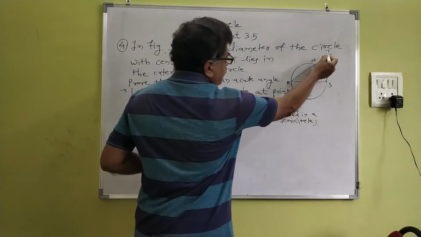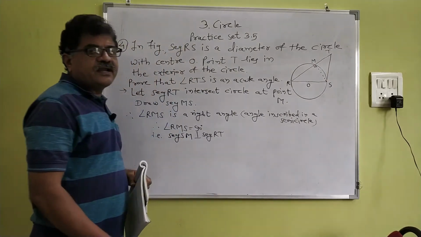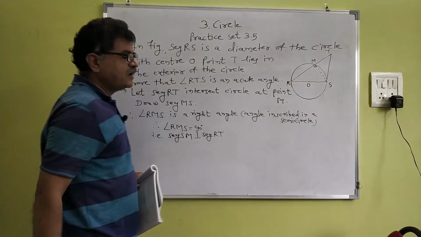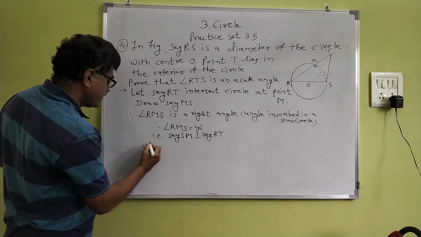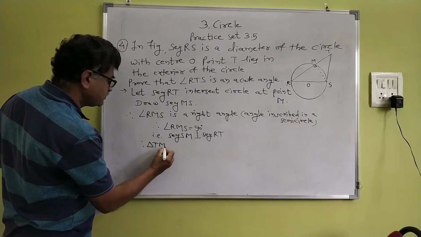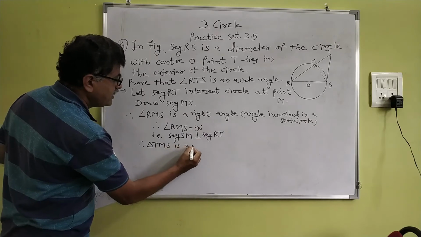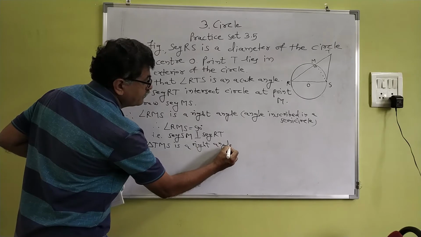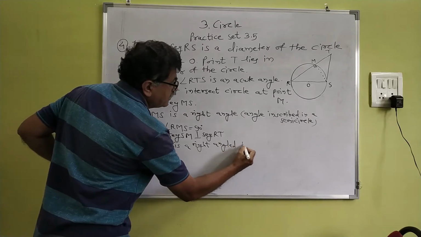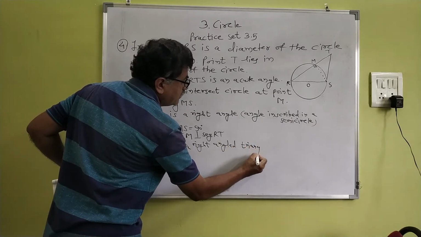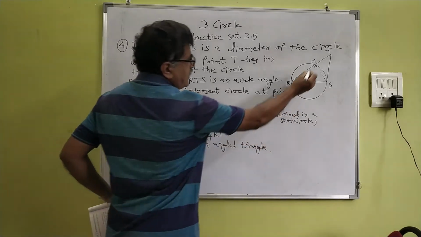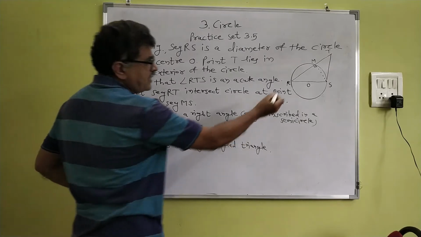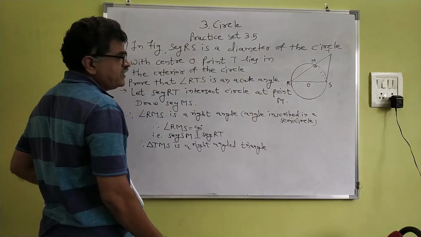Therefore triangle TMS is a right angle triangle, because this is perpendicular. Now since this is a right angle triangle, the sum of all three angles of this triangle is 180 degrees.